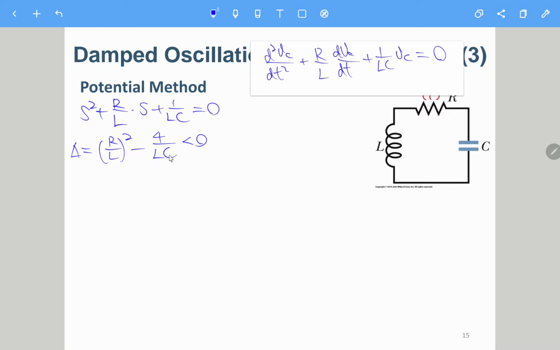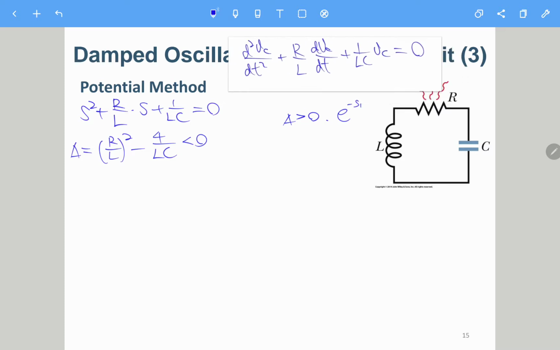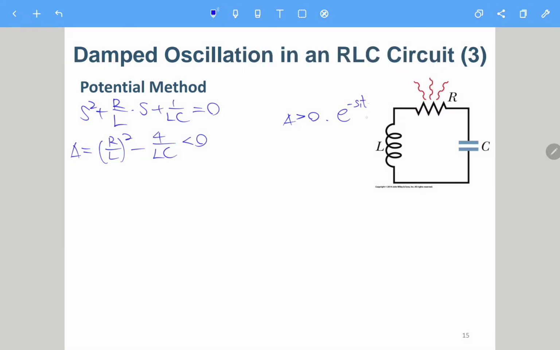Because when delta is larger than 0, it will be exponential to negative s1 t, and then exponential to negative s2 t, which is not oscillation.